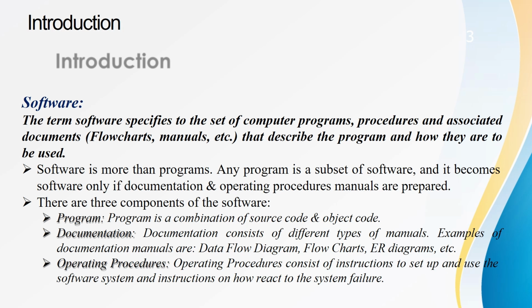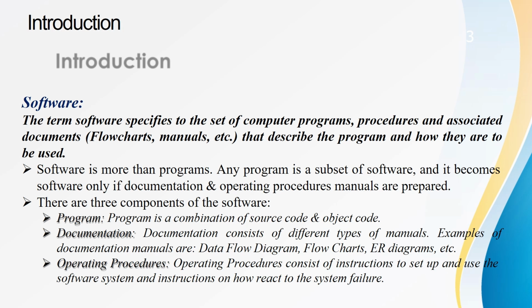Then, what is documentation? Documentation is the written material which represents various types of manuals. For example, data flow diagrams, use case diagrams, flow charts, and ER diagrams are all mentioned in the documentation.